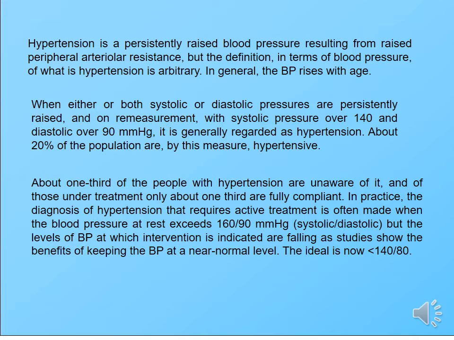In practice, the diagnosis of hypertension that requires active treatment is often made when the blood pressure at rest exceeds 160 over 90 mmHg as systolic and diastolic, but the level of blood pressure at which intervention is indicated varies, as studies show the benefit of keeping the blood pressure near normal, the ideal being less than 140 over 80 mmHg.